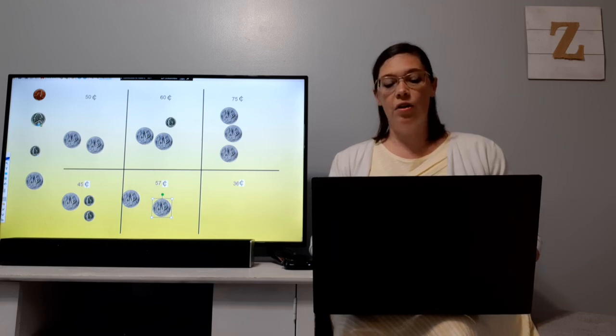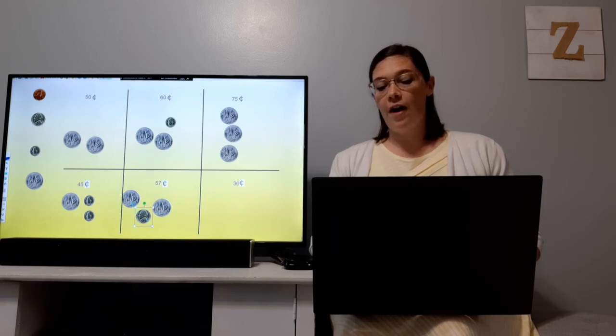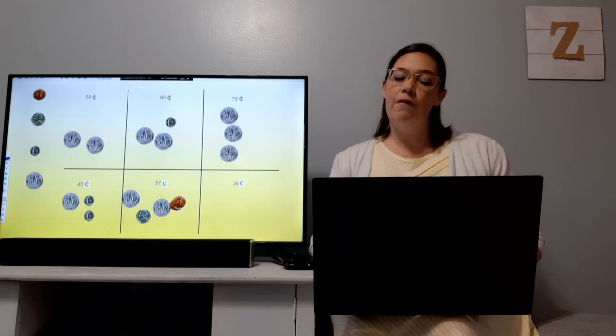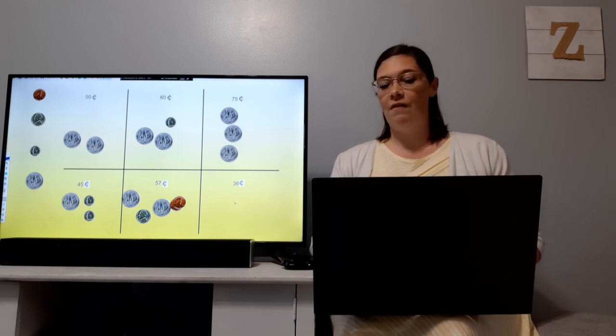So I could use a nickel. That would be 25, 50, 55, and 2 pennies. I'm going to grab those together and bring them all at the same time. So now I have 25, 50, 55, 56, 57.